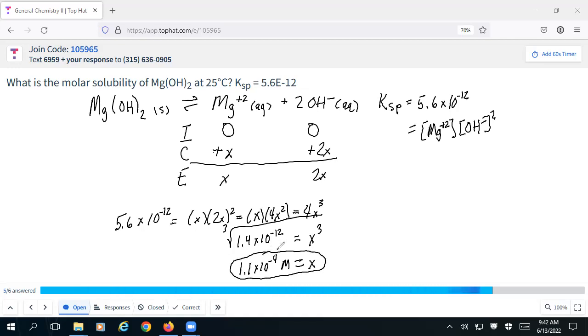Since x is our molar solubility, that's it. We're done. All right, any questions with this problem in particular?